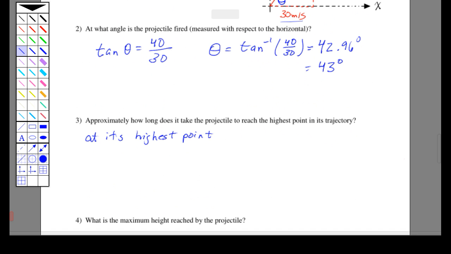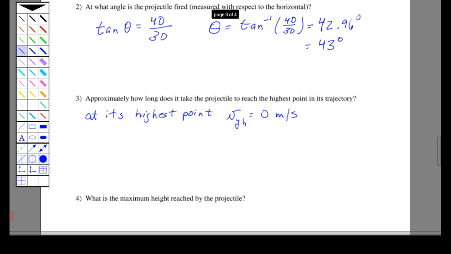So at its highest point, the y component of the velocity is going to be 0 meters per second. It's going to come to a stop, and then it's going to fall again. This is assuming our y acceleration is minus 9.8 meters per second squared.